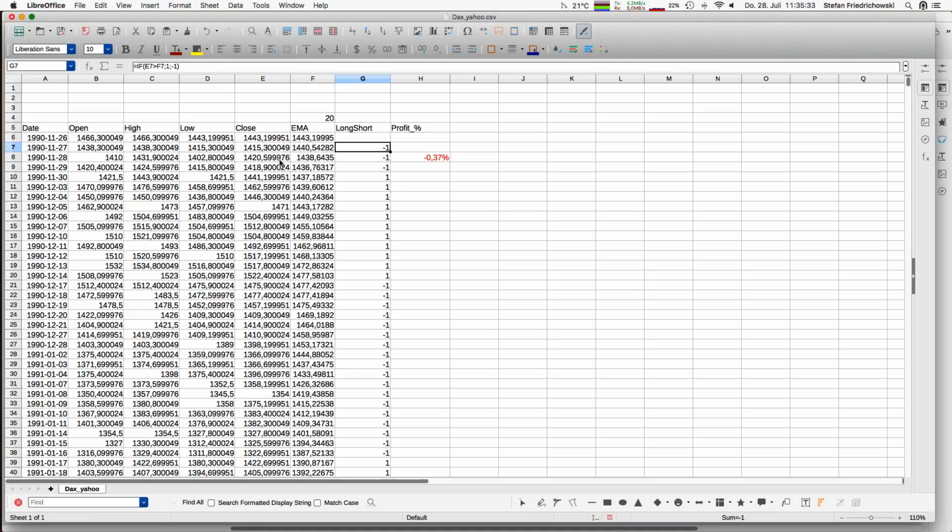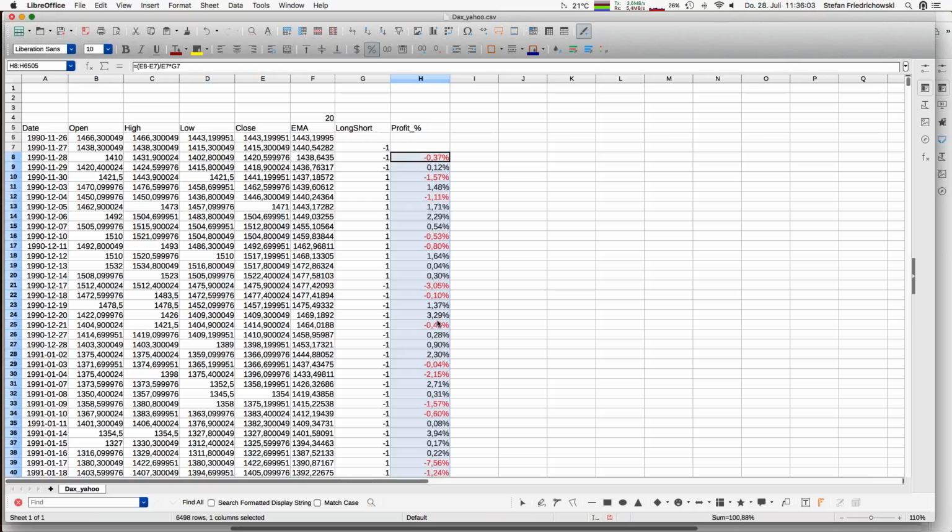And so the calculation of the profit for that day is the previous indicator of our direction, so this -1. And then, of course, we calculate the percentage change during the day based on close to close. And therefore, we have simply the profit in percent of that specific day.